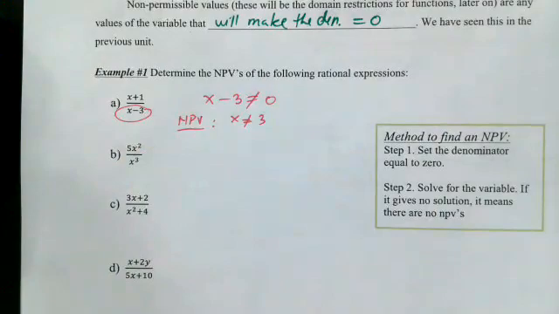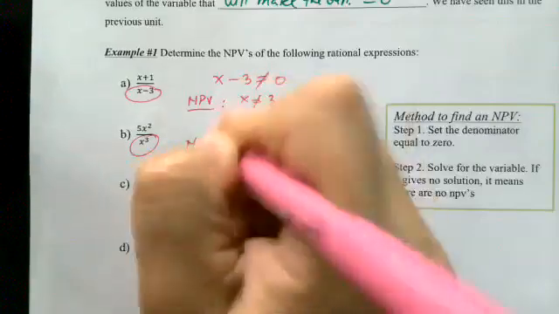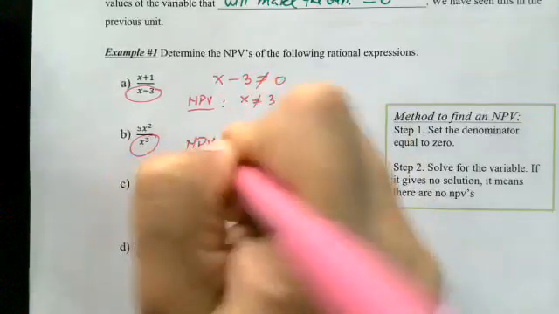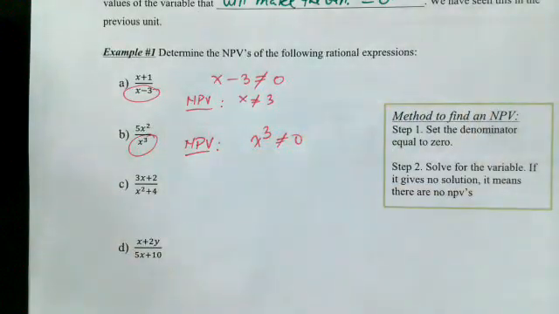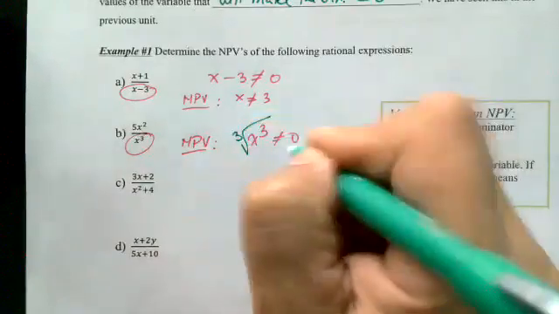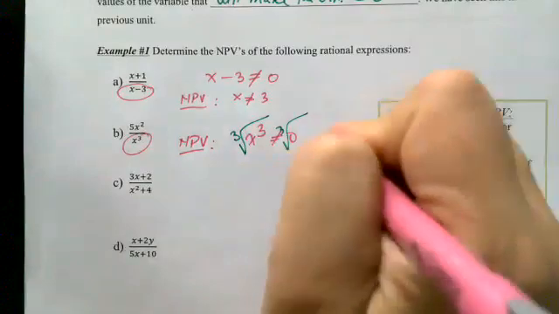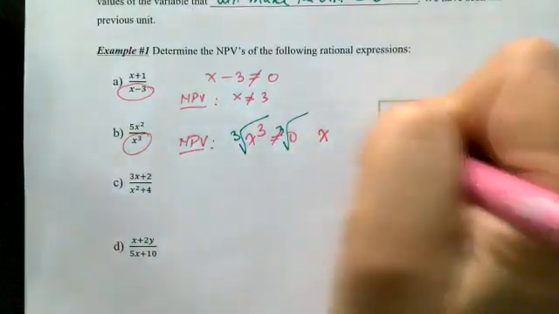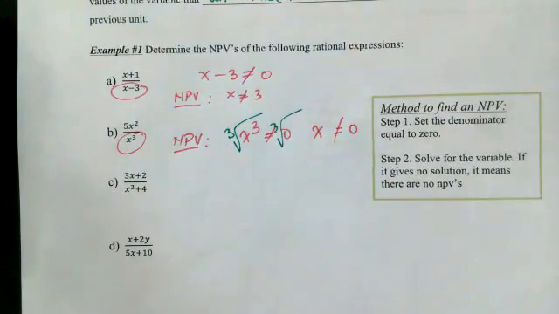5x squared over x cubed. So the NPV comes from x cubed. x cubed cannot be 0. To cancel the cube, I would have to take the cube root of both sides. That will give you x equal to 0. Cross it out just to show that it's an NPV.